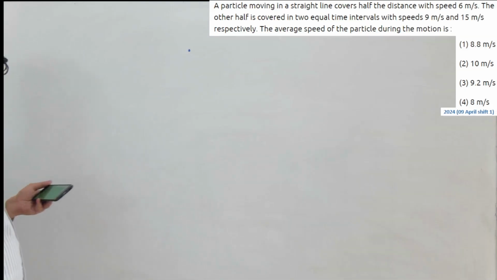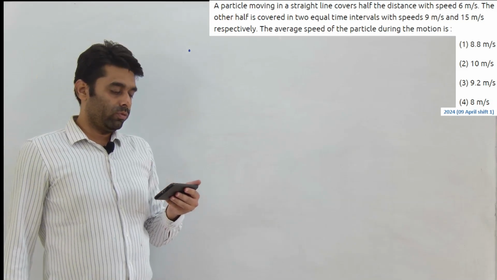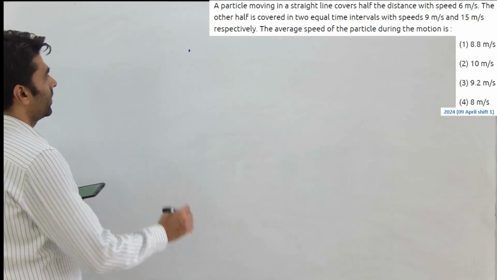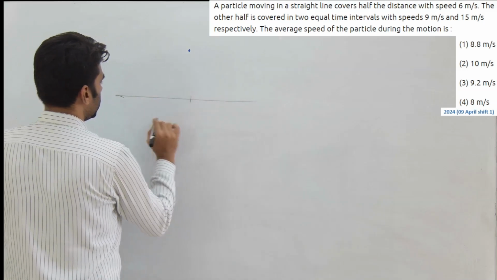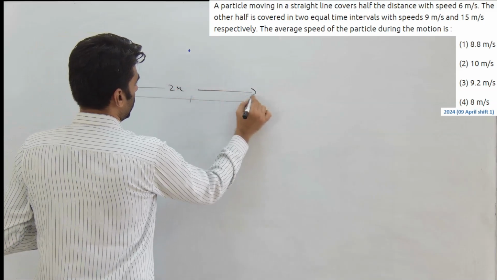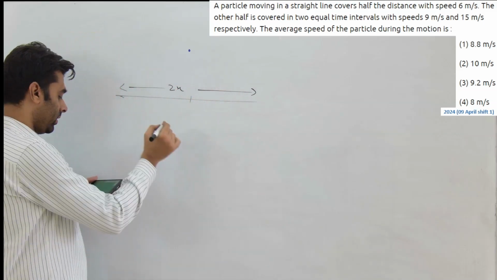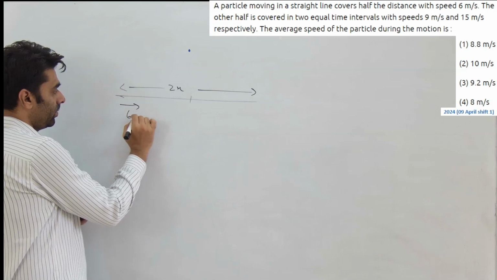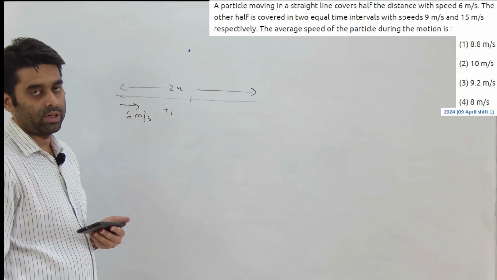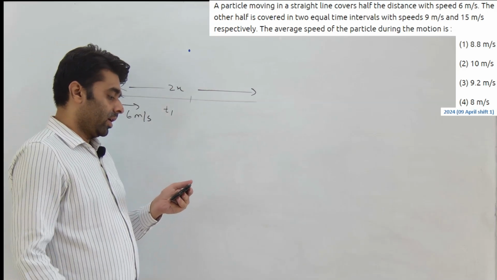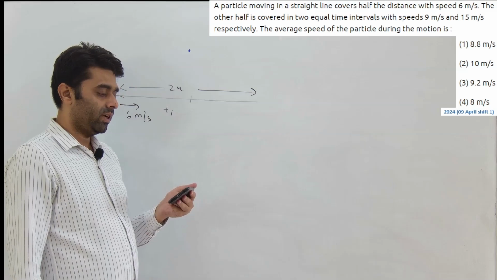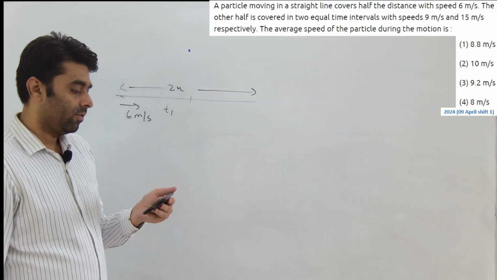So the question we have: a particle moving in a straight line covers half the distance with speed 6 meter per second. So let's say that the total distance is 2x. So half the distance will be x. It covers it at 6 meter per second. Let's say that it takes a time of t1. The other half is covered in 2 equal time intervals with speeds 9 meter per second and 15 meter per second.